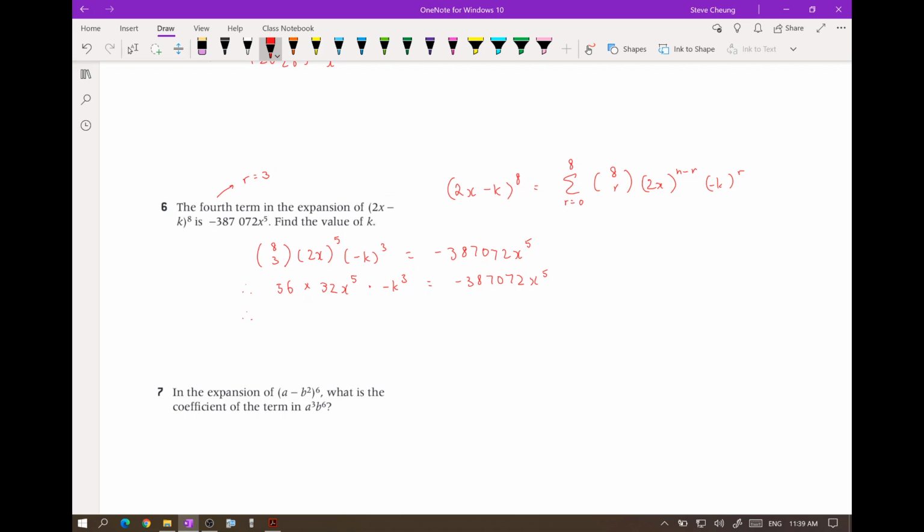And then we can put the coefficients together. You will notice that they both equal x to the power 5, so we can just go ahead and equate the coefficients. So therefore k must be the ratio of these two numbers, which is 216.